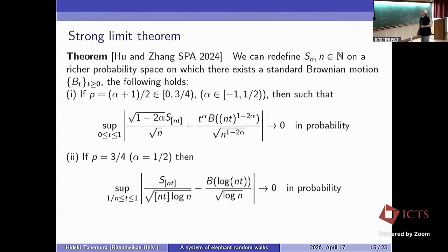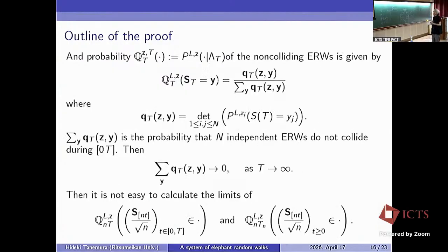We can use this one. This was explained by Masato yesterday. And by using this result, the problem is like that. The summation of that converges to 0, and this results in 0 over 0. This is very complicated. We have to cancel it.